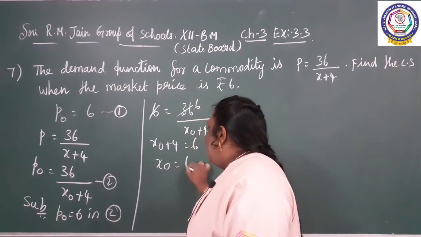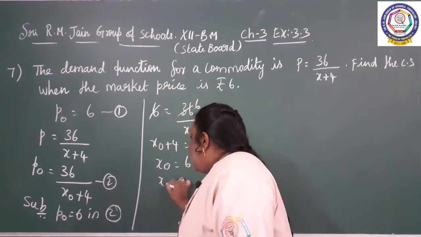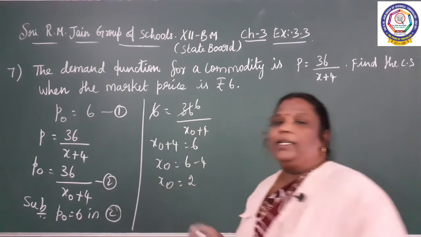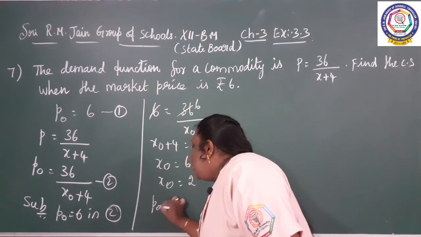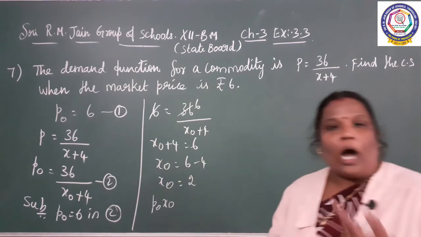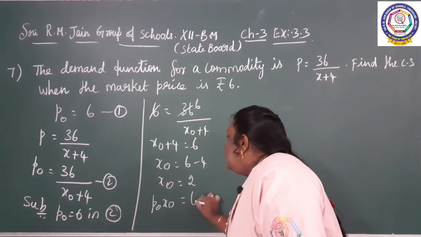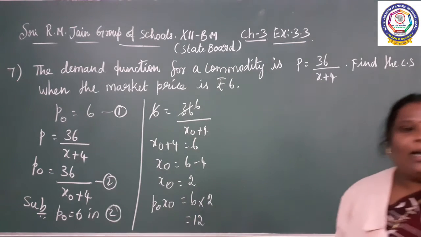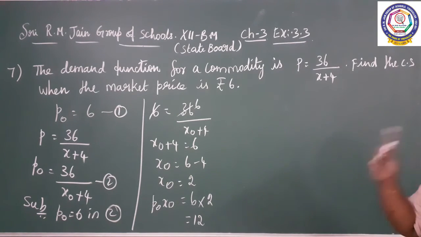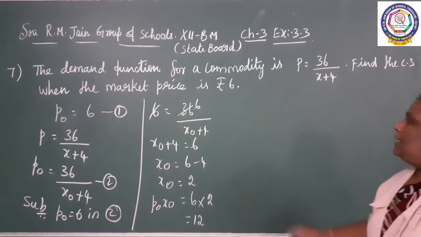X naught equal to 6 minus 4. X naught equal to 2. That is output equal to 2. P naught x naught: P naught is nothing but market price into output. It gives 6 into 2, its value is 12. Now you should find out the consumer surplus.